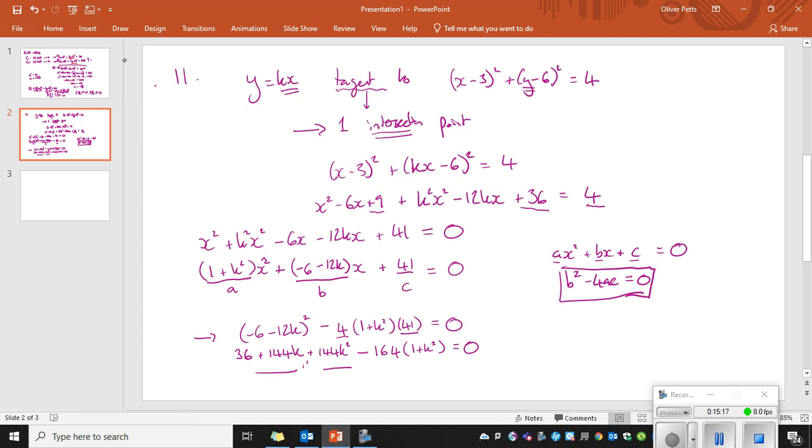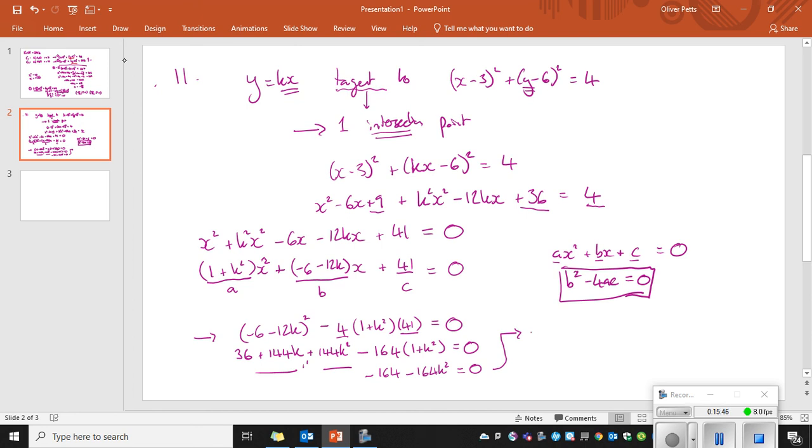Now I'm going to expand the second part. So minus 164 times 1 is just minus 164. And then minus 164 times k squared is minus 164k squared. Okay, now I'm going to be doing some collecting. So looking at my k squared terms, I've got 144k squared, subtract 164k squared.